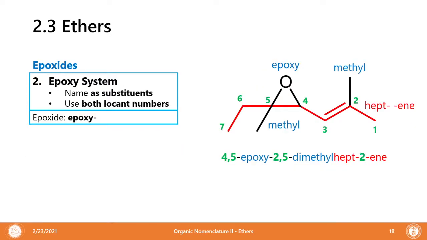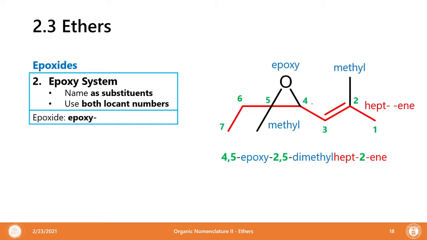Now for the epoxy system, we instead name the epoxide as a substituent. A substituent that has a lower priority than alkenes and alkanes. And in this case, we use both locant numbers to label it. So taking a look here, if the epoxide is not the highest priority, we now give the alkyne the highest priority.